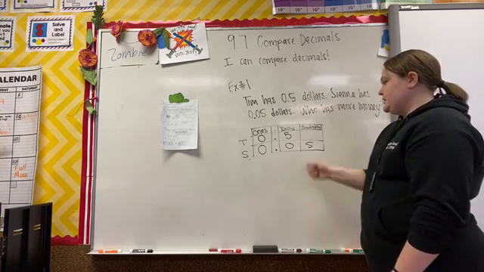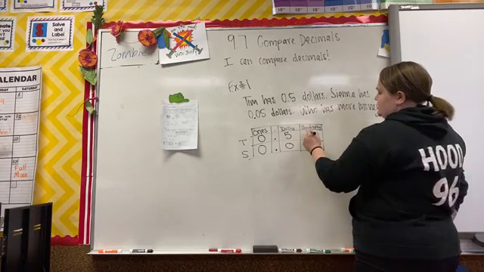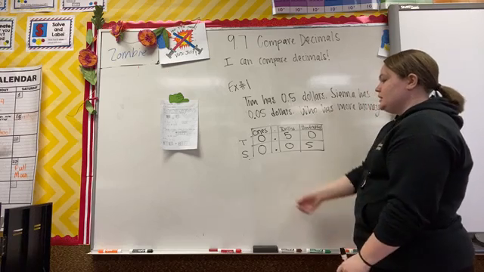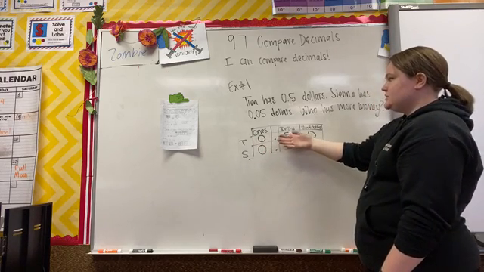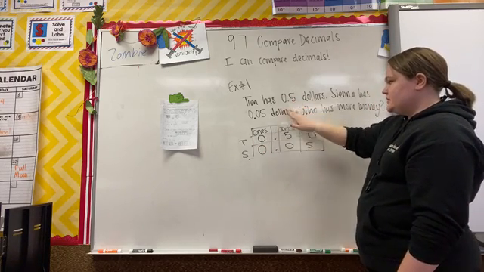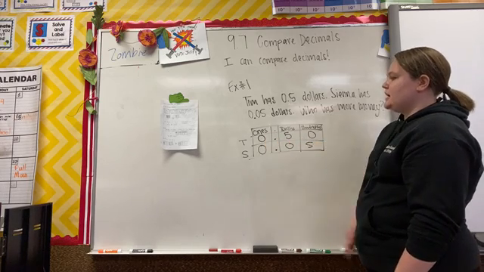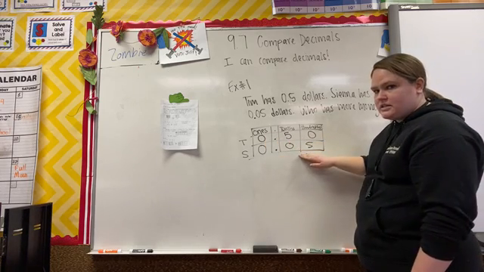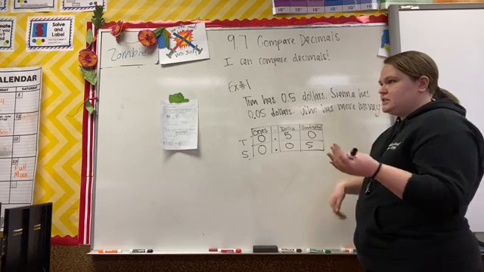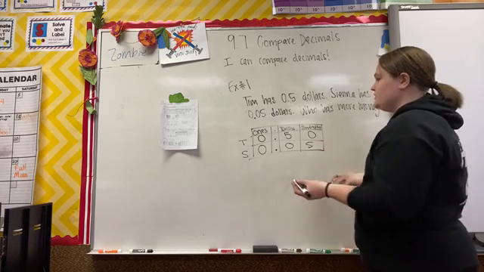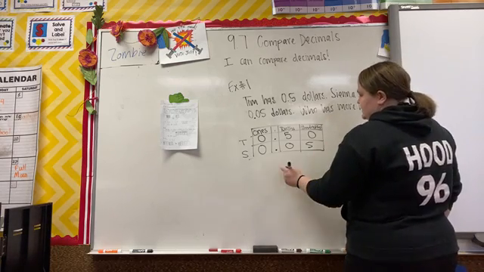Okay, to do this, I'm going to add a 0 in my hundredths place for Tim. Now I can see, and since they're talking about money, this is 50 cents. He has 50 cents and Sienna has 5 cents. Well, which is more, 50 cents or 5 cents? Obviously, 50 cents, so it's Tim.